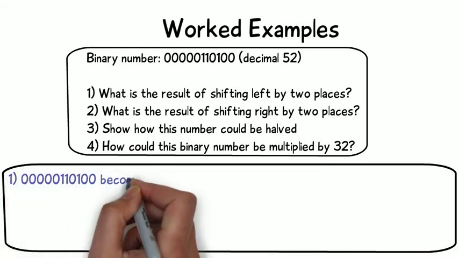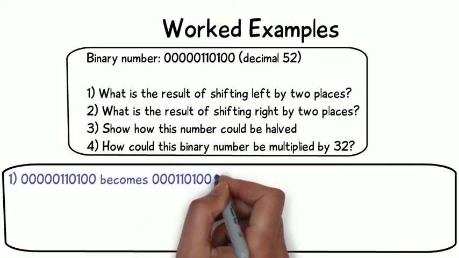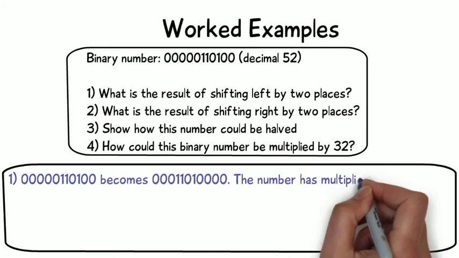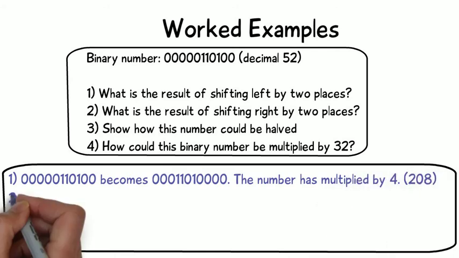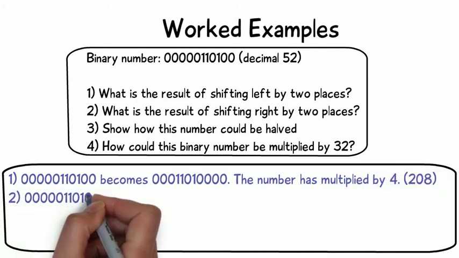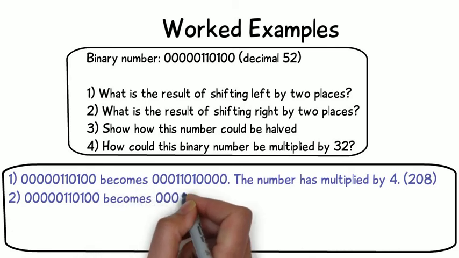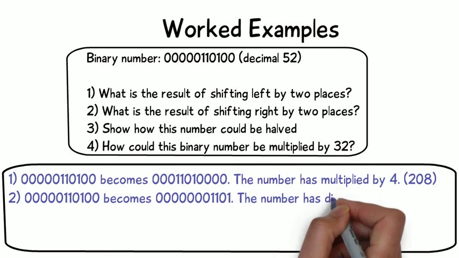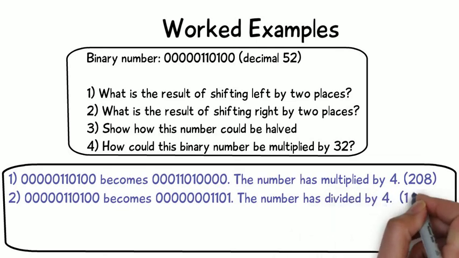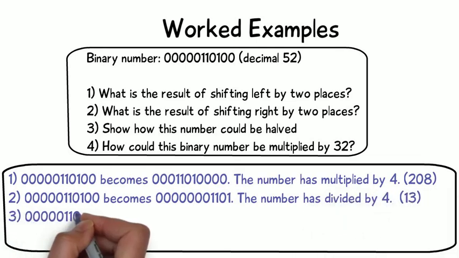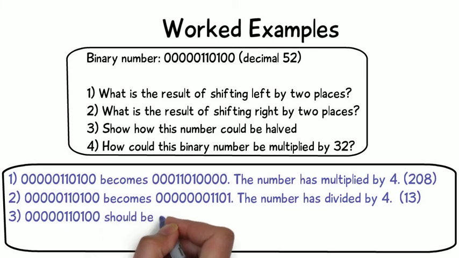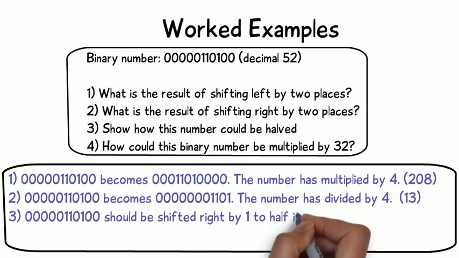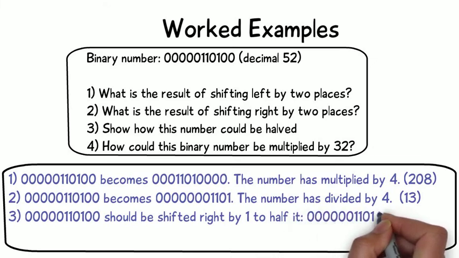So let's have a look at the first one. So our original 52 gets shifted left by 2 places, and that ends up being multiplied by 4. We've now shifted it right by 2 places, and we've now divided it by 4. So in other words, if we want to halve the original number, we shift it right by 1.